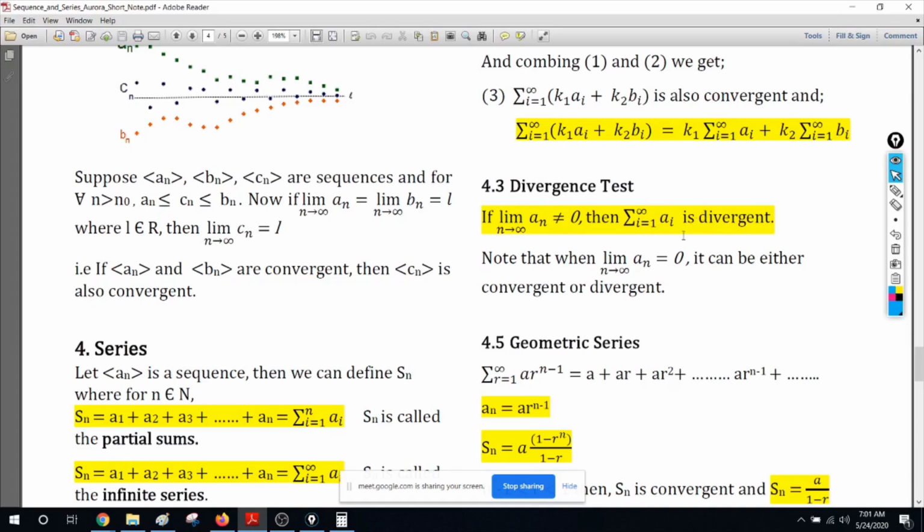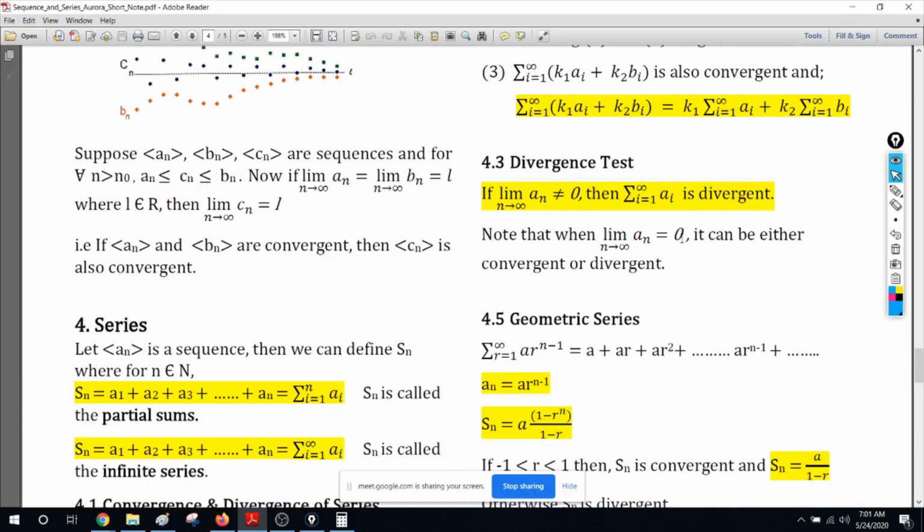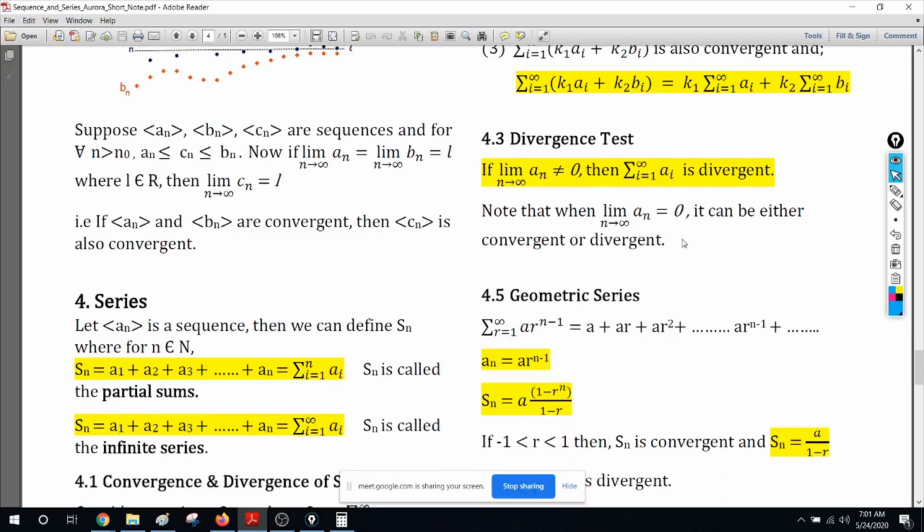So that is a very interesting and very important test. So let's take an example.